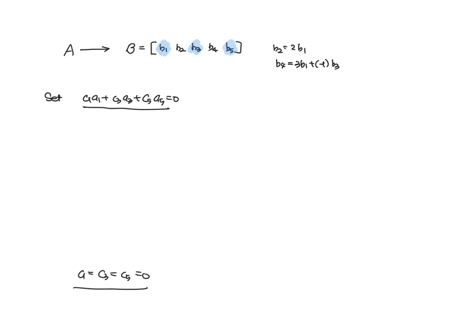So given this linear combination of 3 vectors is 0, that means C1 A1 plus 0 A2 plus C3 A3 plus 0 A4 plus C5 A5 equals 0, because when I add 0 times A2 and 0 times A4, the equation is still the same, right?